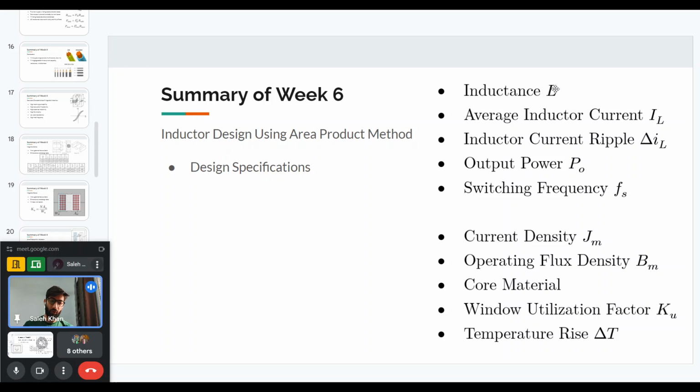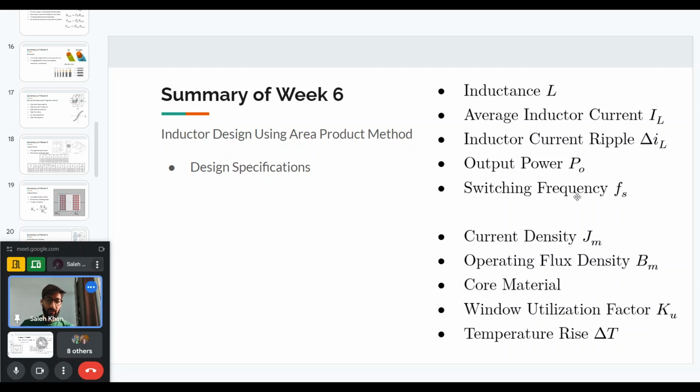This can be from if we want to limit our inductor ripple to a particular value, if we want to limit THD in case of grid connected applications, or some other reason, we will have chosen the value of inductance. We will also have an average inductor current depending on the power level. We will have the inductor current ripple delta I. We will have a particular output power, and we will have switching frequency. So all these are related to your converter.